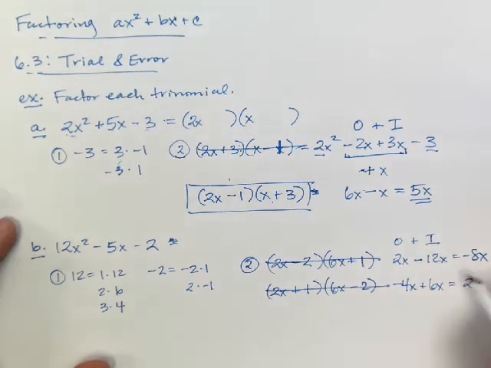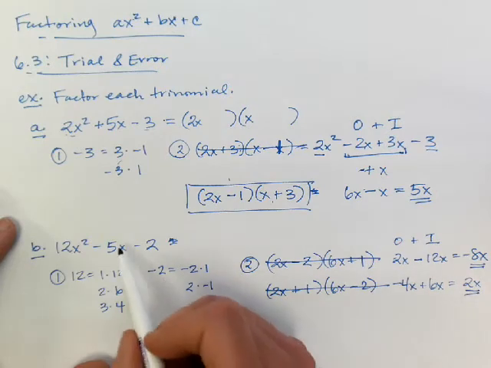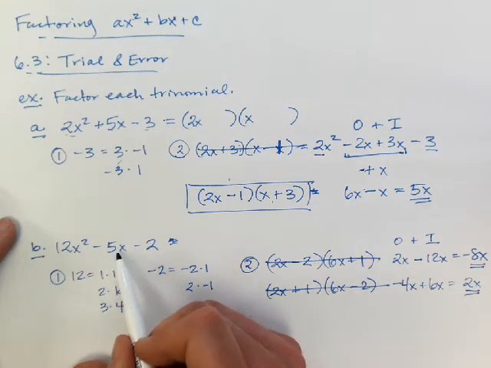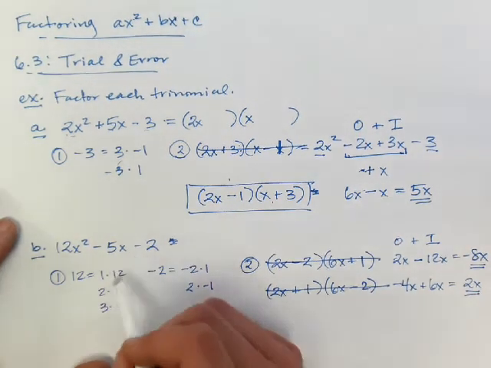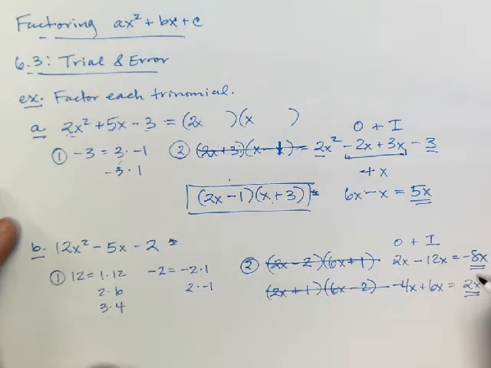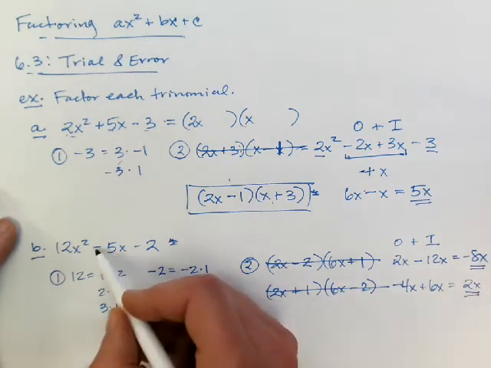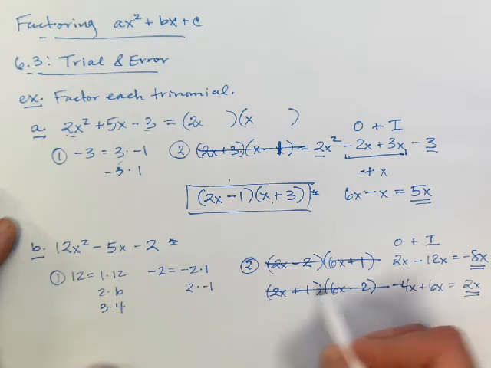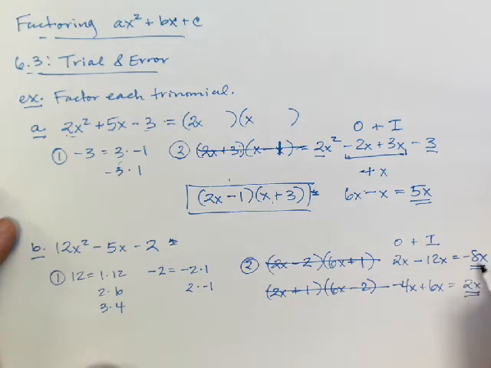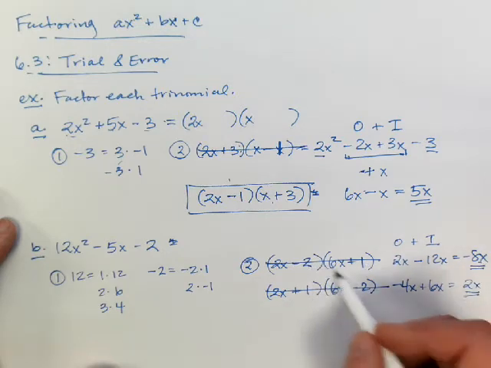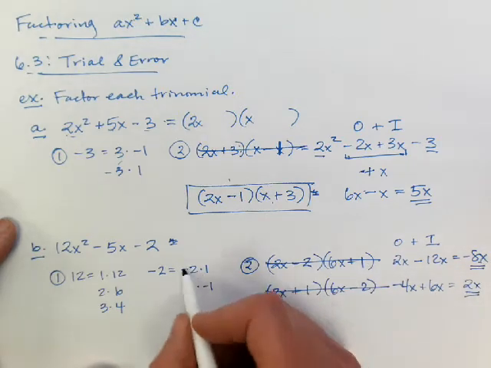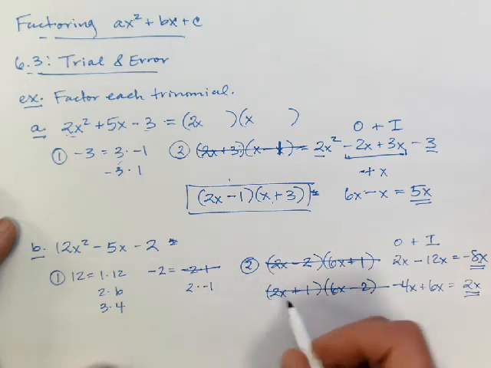And notice, these are completely different than the middle term here. So we're not even down to a sign. If we get the same number but no sign, then we know we just need to switch the signs on the factors. So what this tells me is that the -2 and the 1 together doesn't work. We need to try the 2 and the -1 now.